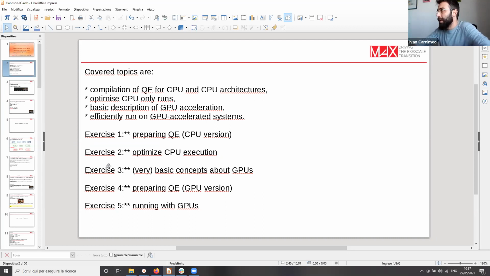In exercise 3, if we have time, I will explain a few things about how GPUs work. Very basic things about GPU programming and GPU setup, just to let you understand why we are using GPUs and what improvement we might have. Then exercises 4 and 5 are similar to 1 and 2. Exercise 4 is compiling Quantum Espresso with GPUs, and exercise 5 is running calculations using GPUs.